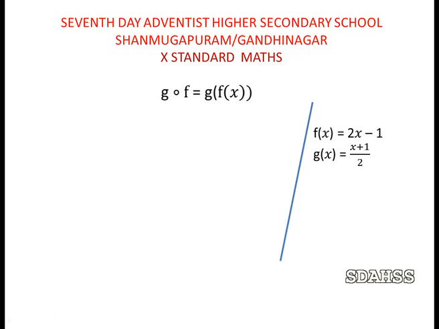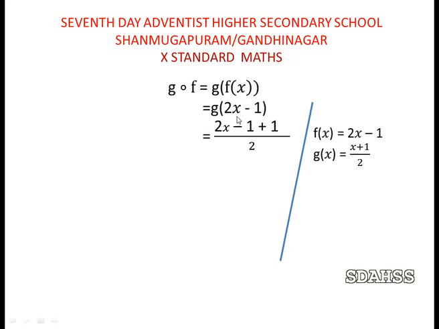Similarly, we want to prove g dot f is equal to x. So you first consider g dot f, which is equal to g of f of x. Now substitute f of x is equal to 2x minus 1. So you have g into 2x minus 1. In the function of g of x, you have to replace x is equal to 2x minus 1.